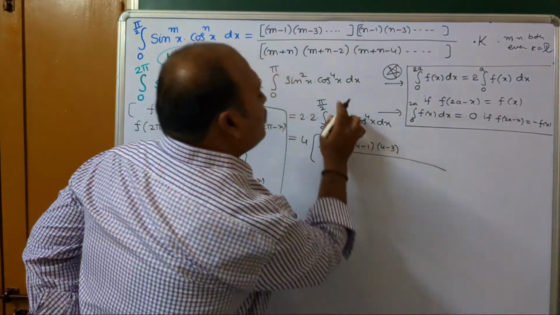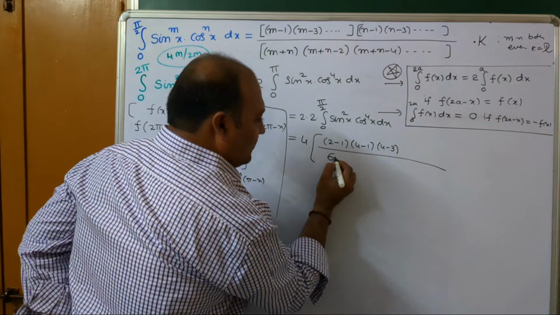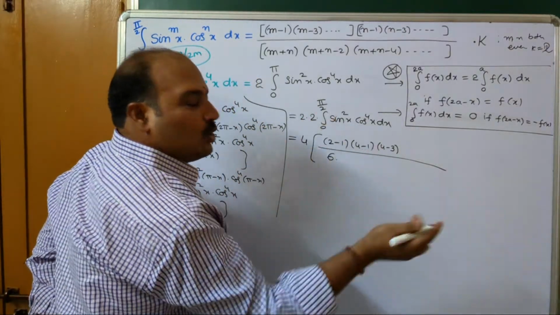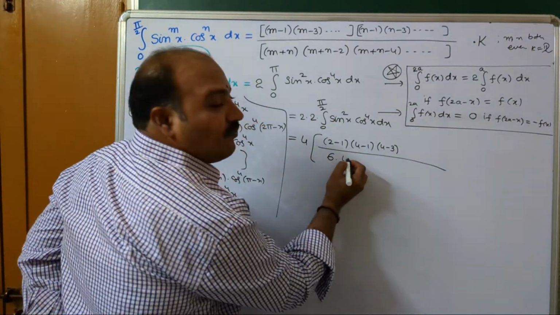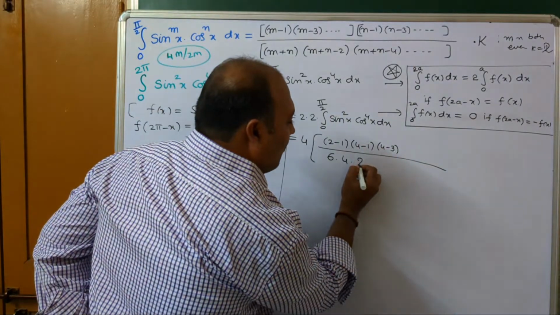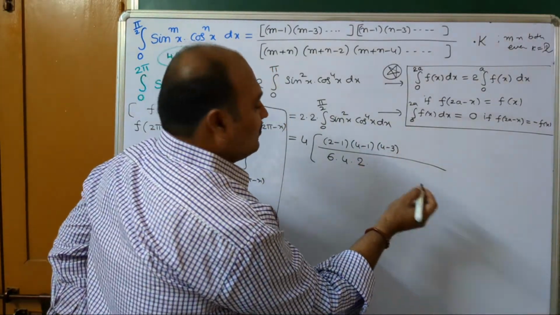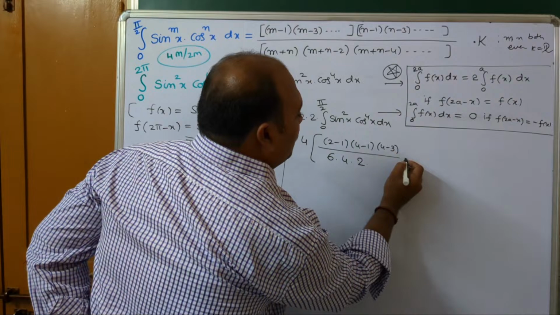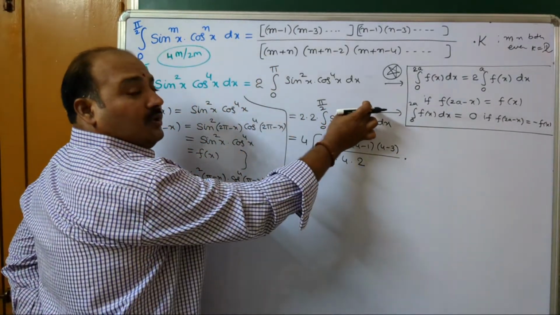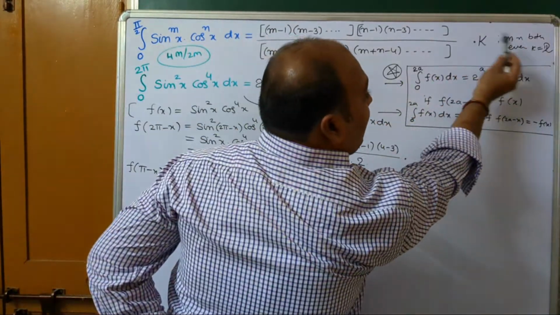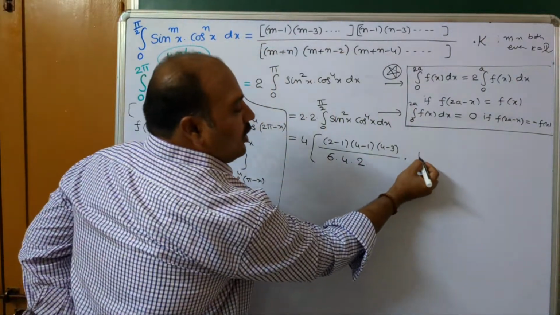By 2 plus 4, 6. Next we can subtract 2: 6 minus 2, 4, 6 minus 4, 2. After that we cannot write, 0 will come. Next, whenever both m and n are even numbers, the k value is pi by 2. So into pi by 2.